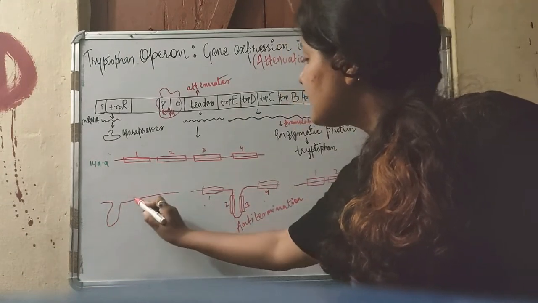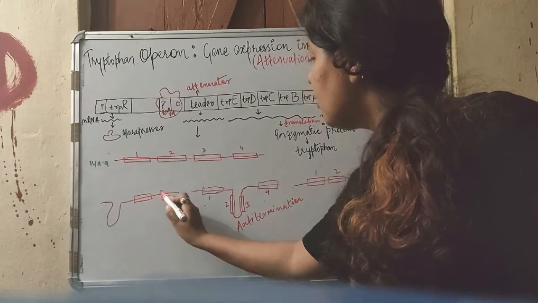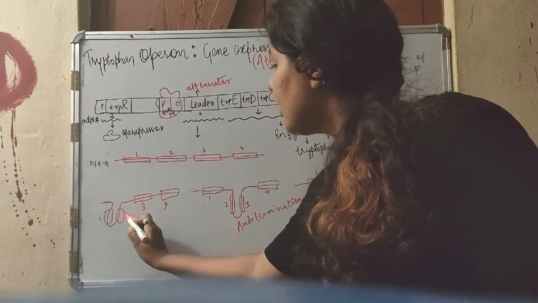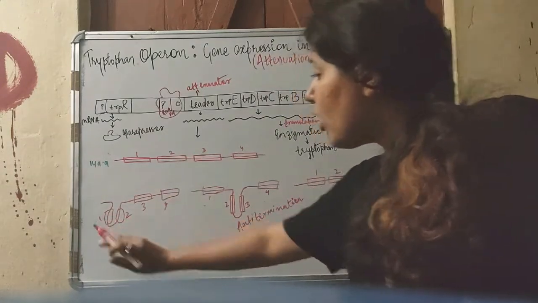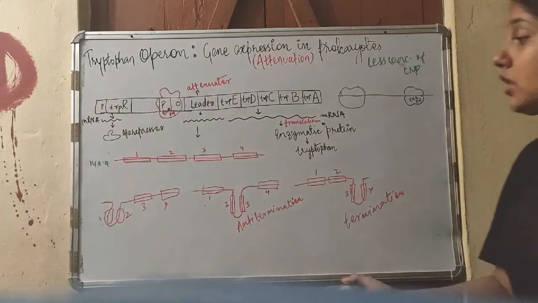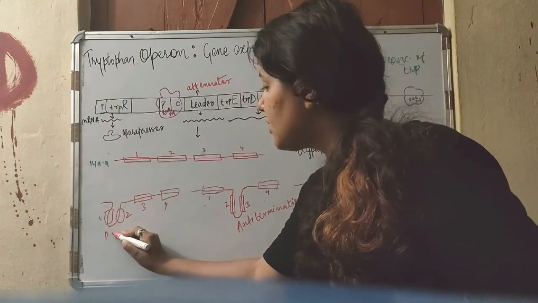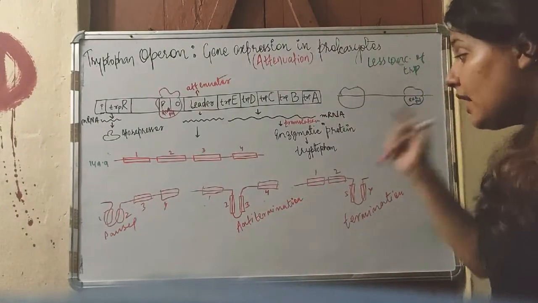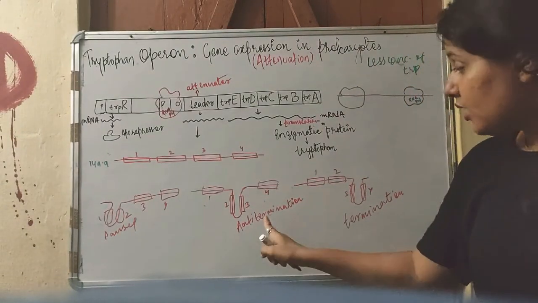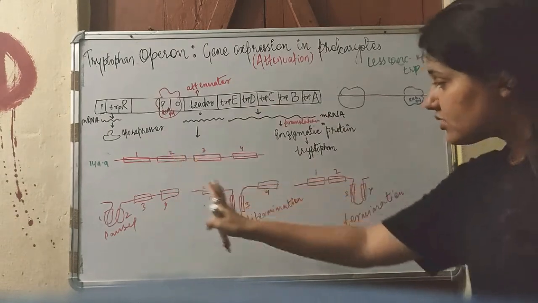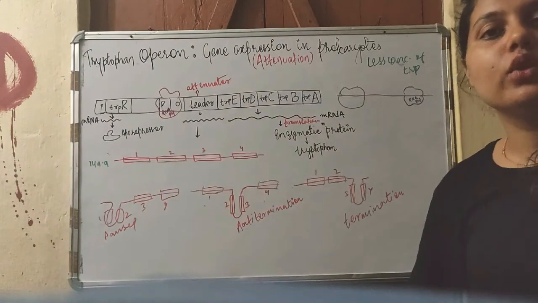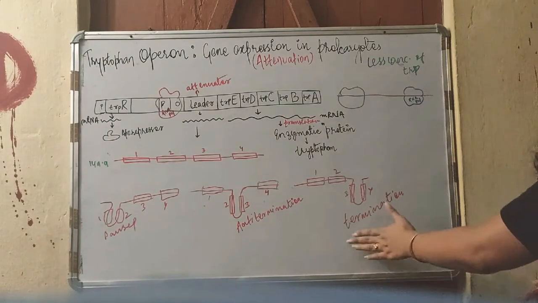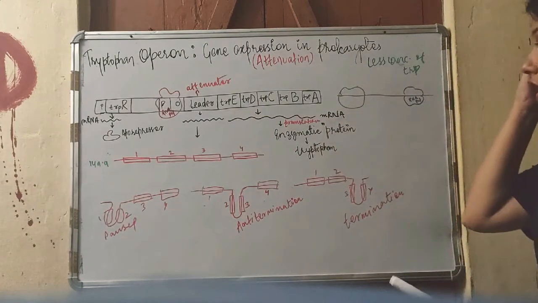If the 1 and 2 hairpin is formed, the process will be paused, and if 2 and 3 form, it is an anti-termination hairpin, in which the process of formation of the polypeptide chain will continue, and the last one is termination. In this, the process will halt.